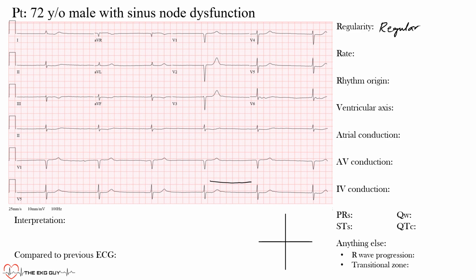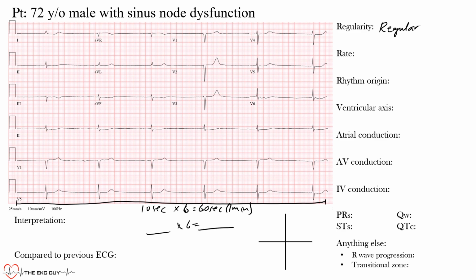With irregular rhythms, we're more limited in the ways that we can find it. But now that we have a regular rhythm, knowing that from beginning to end is 10 seconds, if you multiply that by 6, that's 60 seconds, or 1 minute. We can then count the complexes, multiply by 6, and get an estimate of the rate in beats per minute.